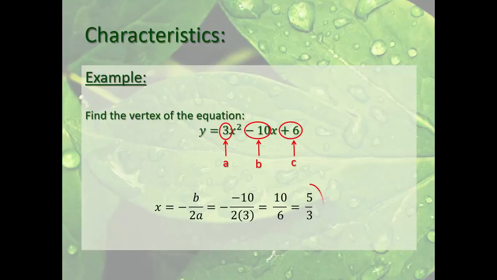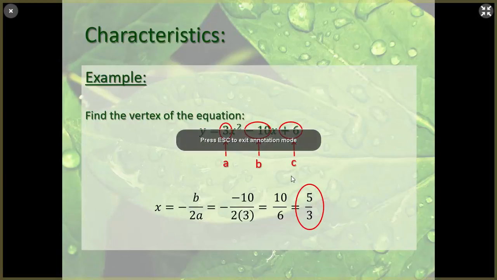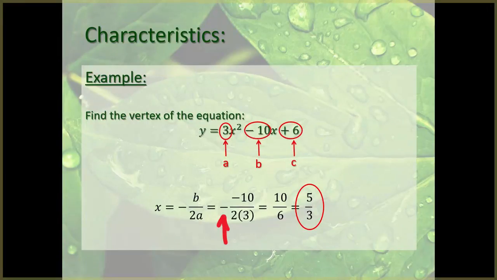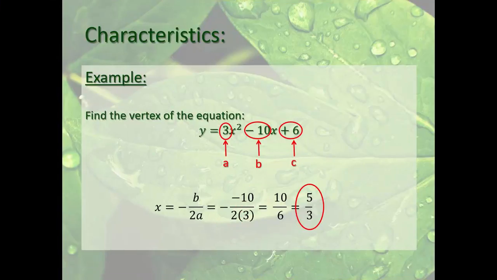Plugging numbers in, I have negative b over 2a, and when I simplify that, I get 5/3. Now, that's only half the job because I still have to find out what y is. That's the x coordinate. What is the y coordinate?